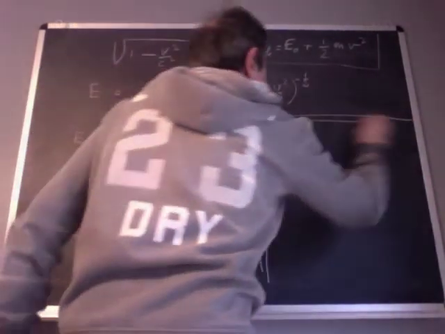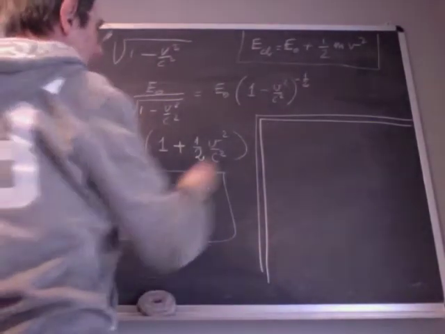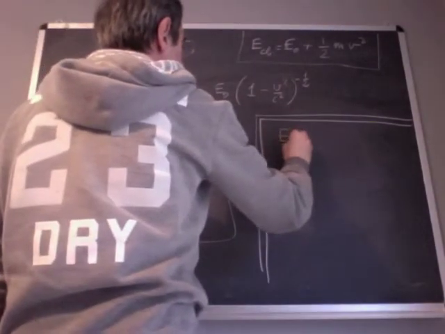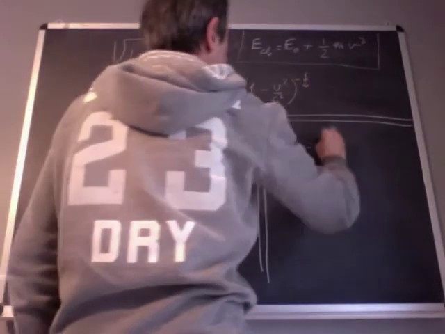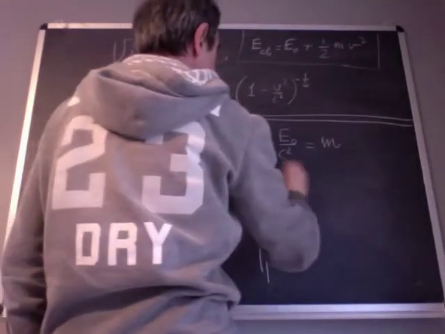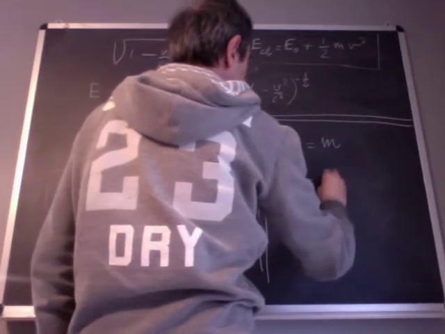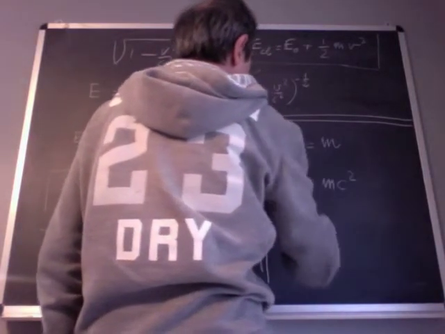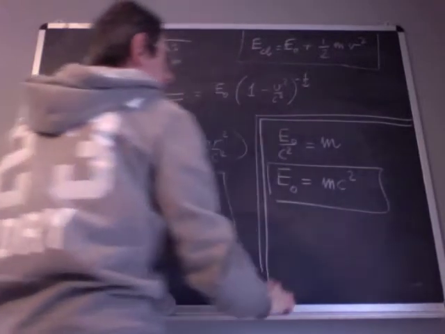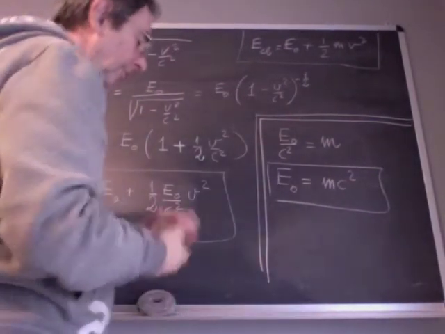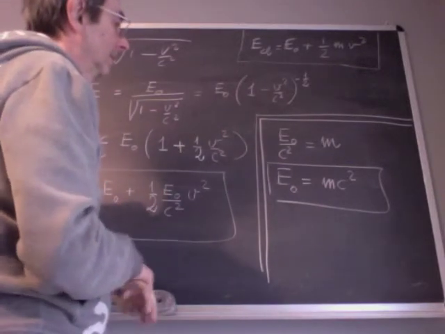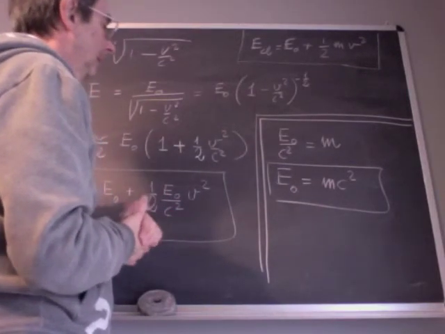double frame. It's too important. We find that E0, the rest energy, over c square equals m. This E0 is equal to mc square. And this is the fundamental equation for the energy found by Albert Einstein.